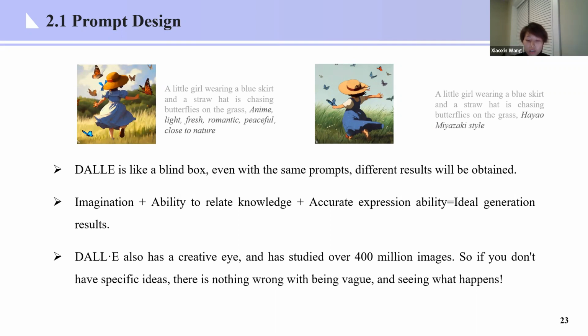For example, the prominent features of Hayao Miyazaki paintings are light, fresh, romantic, peaceful, close to nature. You can use the style of Hayao Miyazaki instead of it, and you can get a similar image.